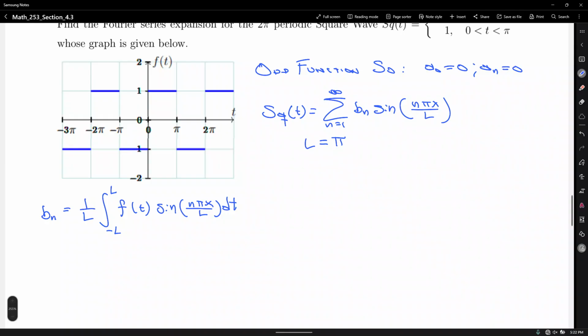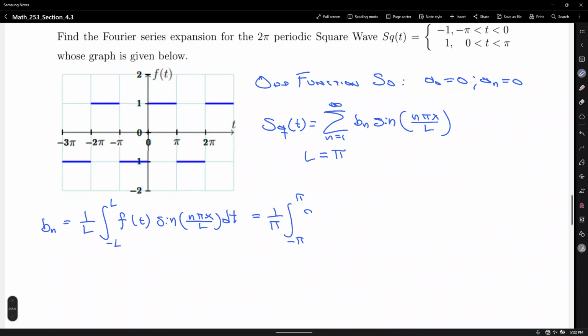So number one, what is L again? That's pi, right? That's 1 over pi. Integral between negative pi and pi. All right. Well, what's the function f of t? Isn't that the square wave sq of t sine n pi x over L dt?